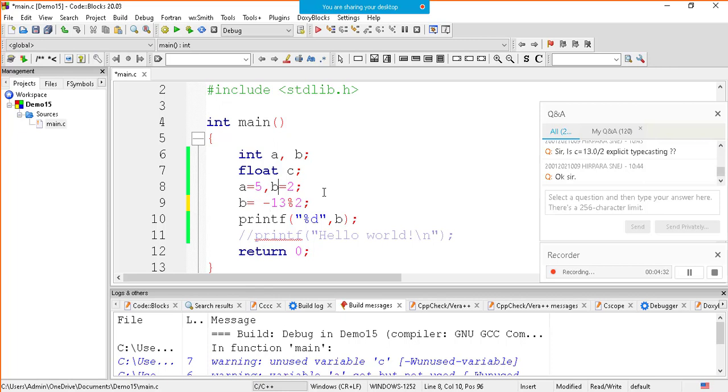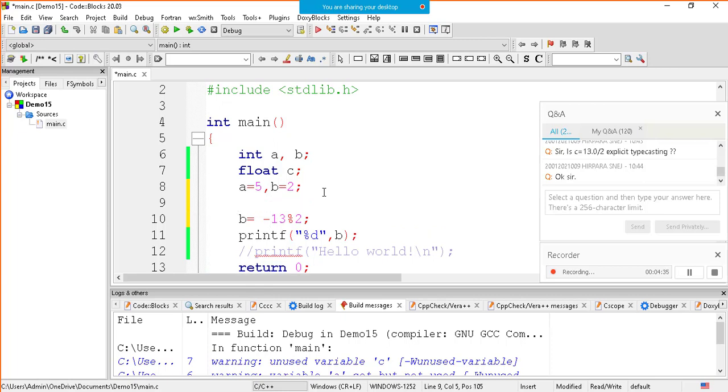When I say explicit typecasting, it is when I write like this, let's say C is equal to float pi by 2. This I am doing as casting, I am not leaving it to the compiler. I am doing it as a programmer, and that is called explicit typecasting. But when the compiler is doing it, that is called implicit typecasting.